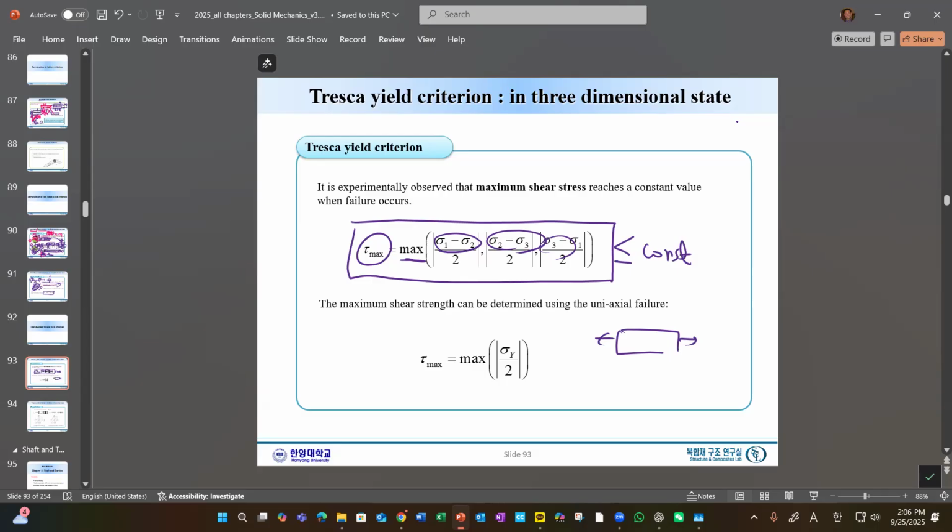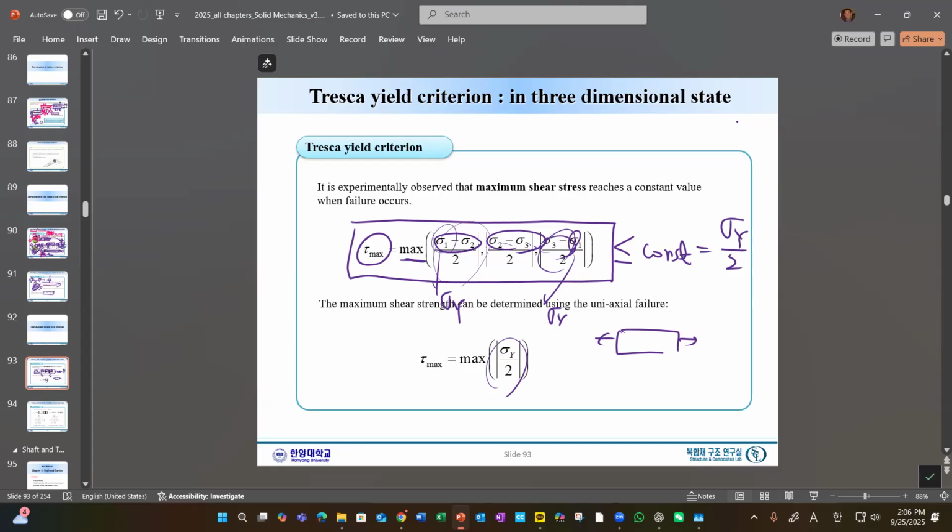In simple tension, sigma 1 is the yield stress, and the others will be 0. So from this, the maximum will be like this, and this is the constant. So we can say this is the yield strength divided by 2.